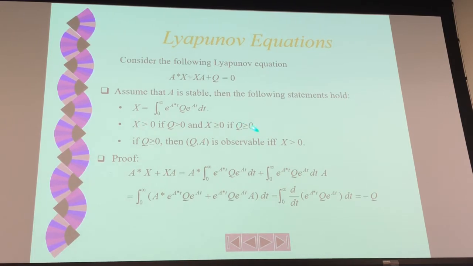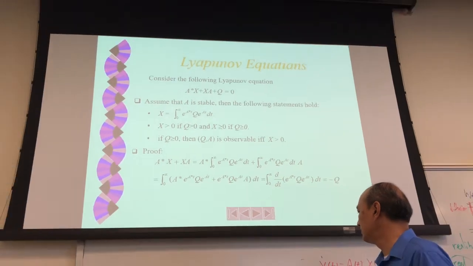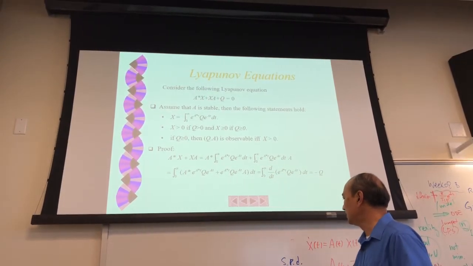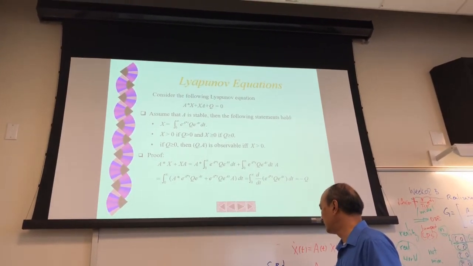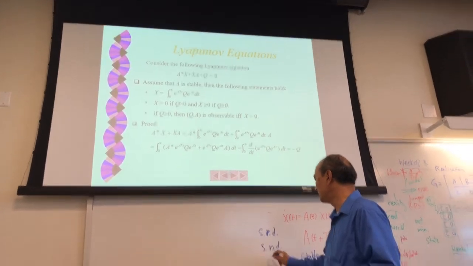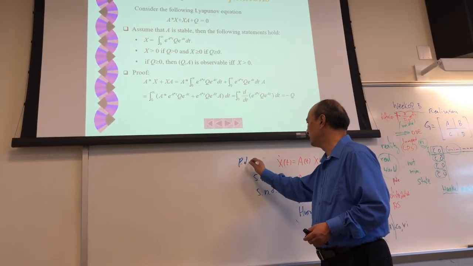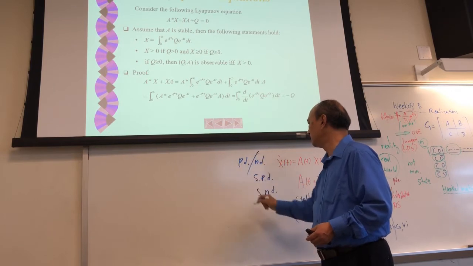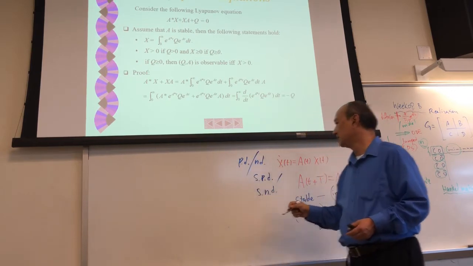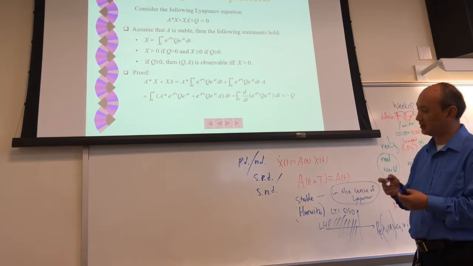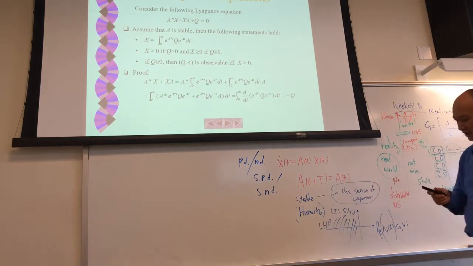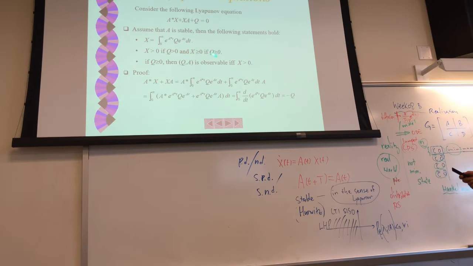If Q is semi-positive definite, sometimes negative definite or semi-negative definite, so PD, ND, or semi-positive definite or semi-negative definite. In this case, if Q itself is semi-positive definite, then X is also positive definite.